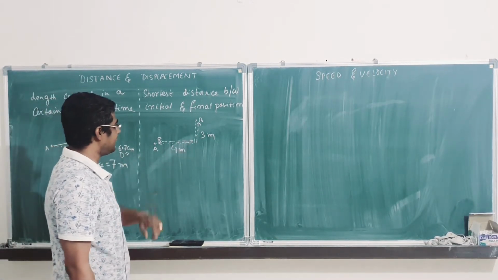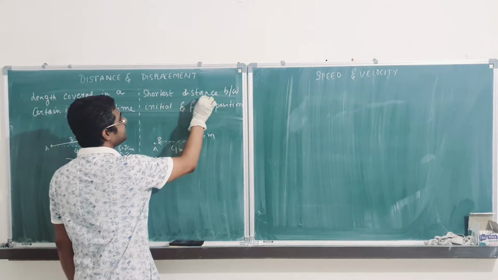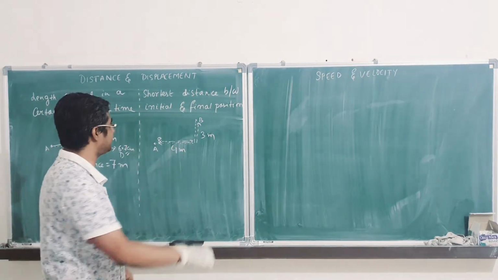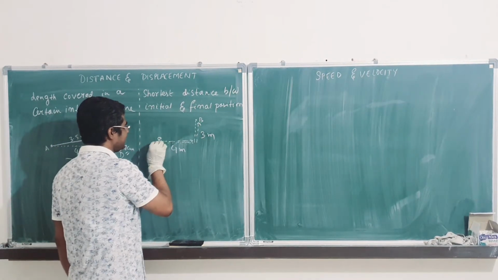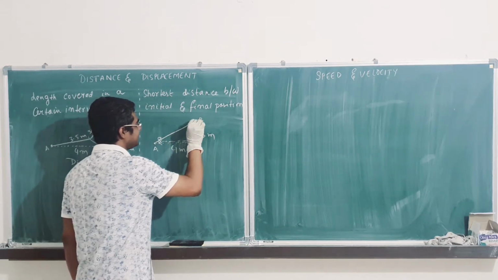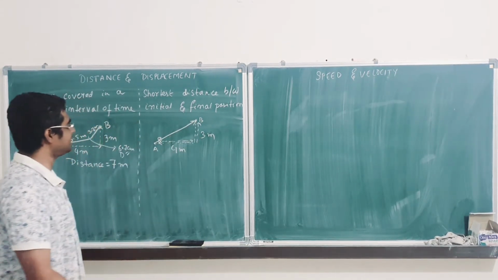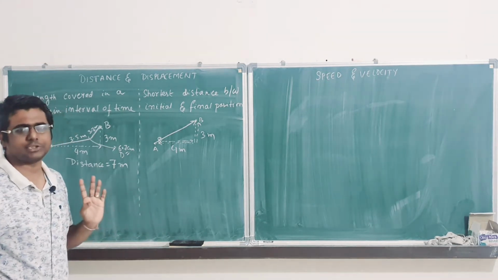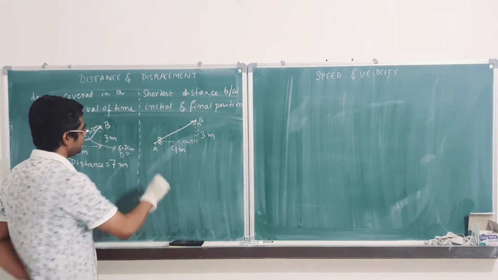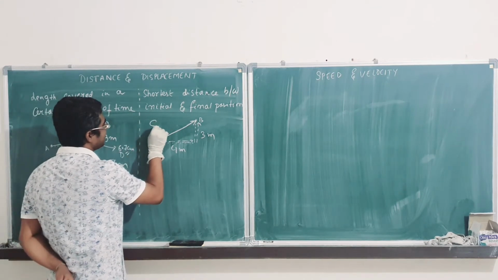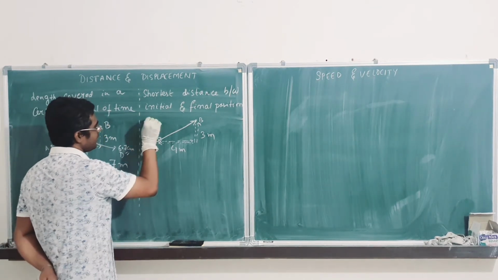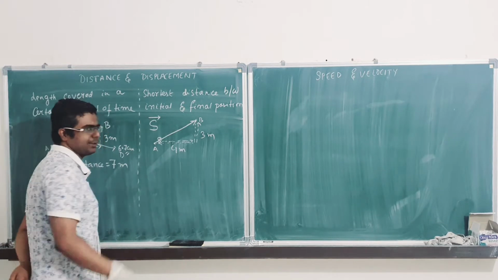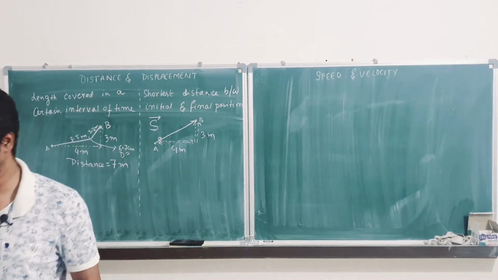But in this case it is the shortest distance between initial and final position. Final position क्या है? B. Initial position क्या है? A. So this is displacement. Shortest distance between initial and final position is displacement. And displacement is denoted by S, ठीक है, with a vector symbol like this. Okay.